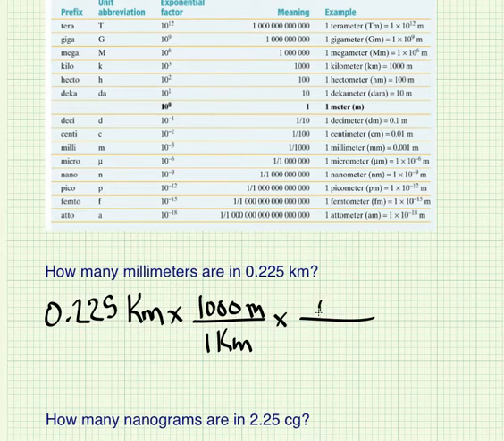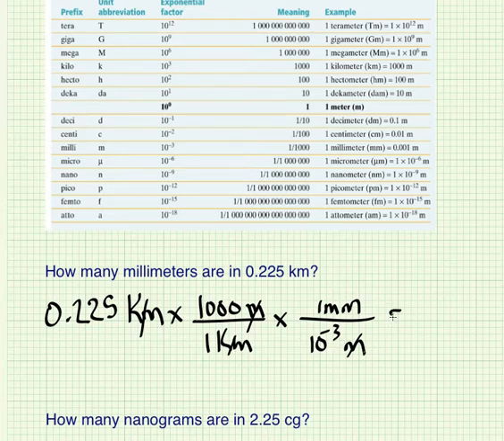And in every 1 millimeter, there's 10 to the minus third meters. Notice that the meters cancel out, the kilometers cancel out as well. You'll see that 10 to the minus third meters is 1 millimeter, as opposed to the kilometer where there's 1,000, or 10 to the third, meters in a kilometer.